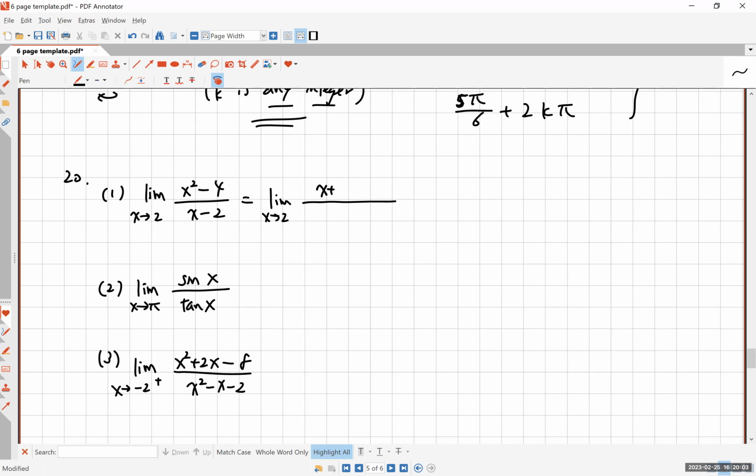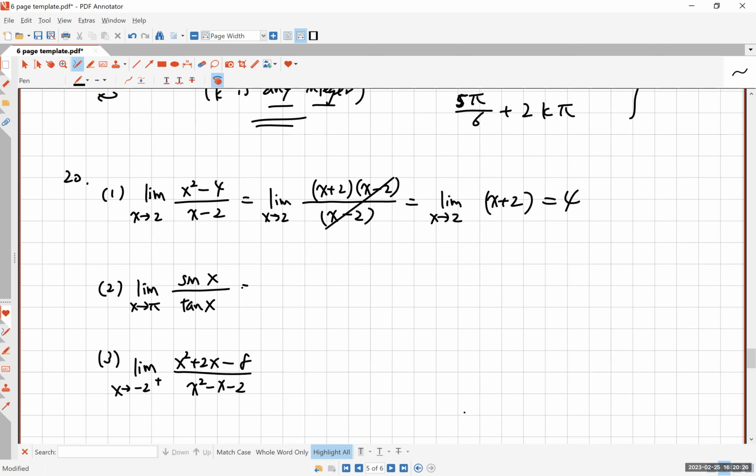But many times you can factor. For instance, here you can factor the top as x plus 2 and x minus 2. The denominator is x minus 2. They cancel, so now you can plug in 2, and you get 4. That's very nice, right?